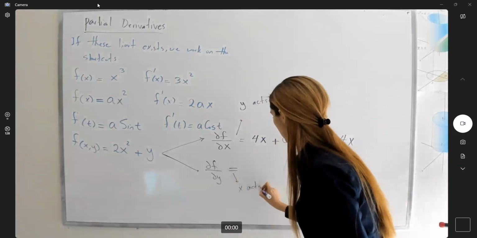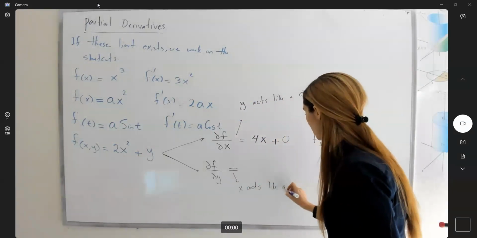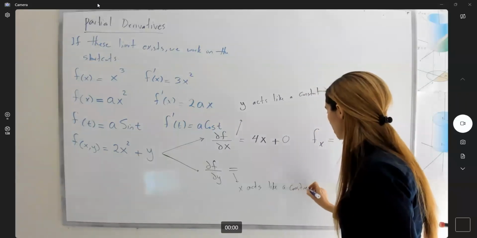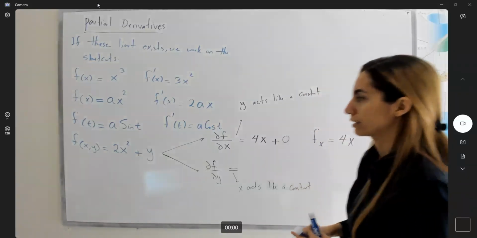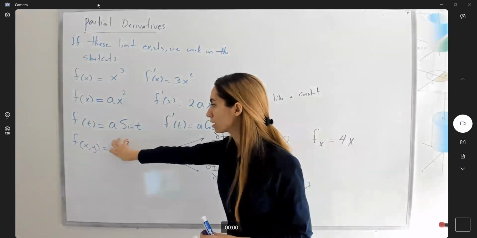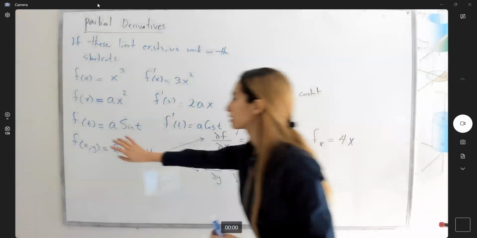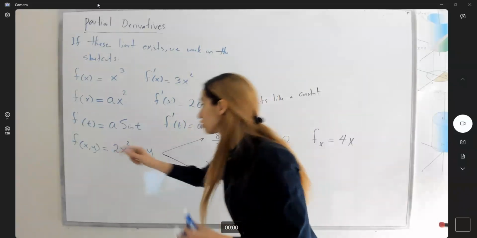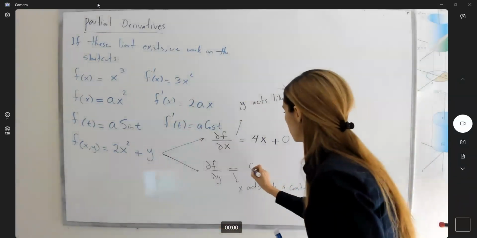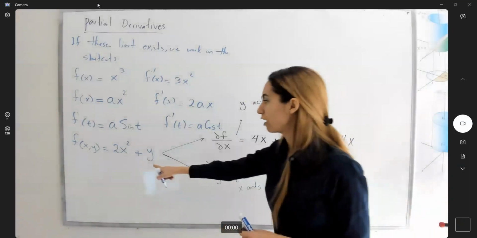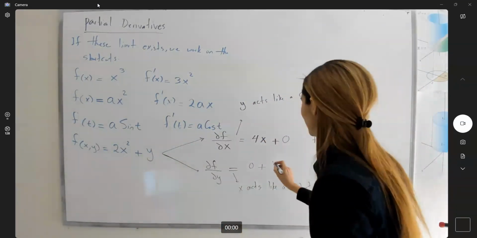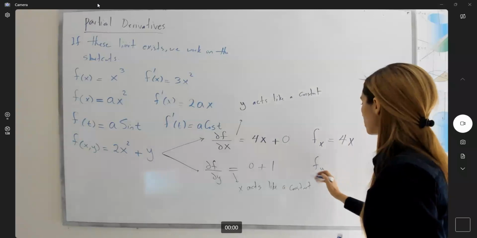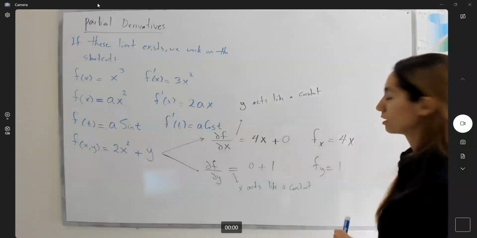What's the meaning of that? It means that this term here is nothing but a constant. The derivative with respect to y, it doesn't have any y in it. It's going to be just 0. Plus, the derivative of y with respect to y is just 1. So the partial derivative with respect to y is 1.